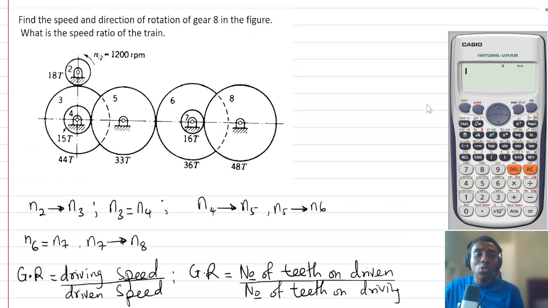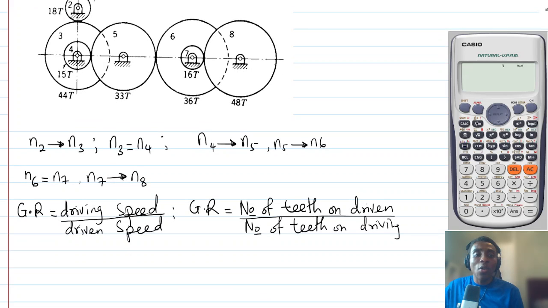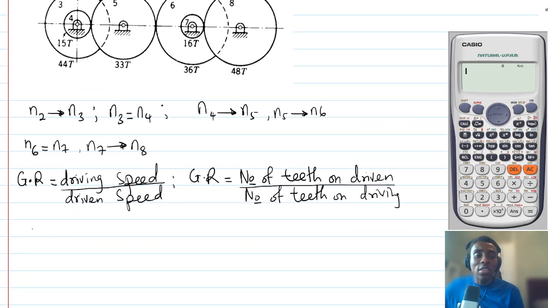This question says we should find the speed and the rotation of gear 8, but we can't just go to gear 8. We need to start all the way from gear 2 and then move towards gear 8. So you will have to write the gear ratio in terms of gear 2 and gear 3. Gear 2 is driving gear 3. So in terms of driving speed, it is N2 over N3, but in terms of number of teeth it is going to be the inverse.